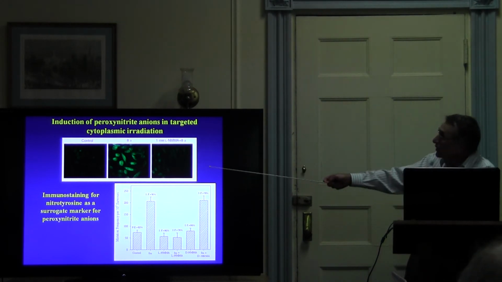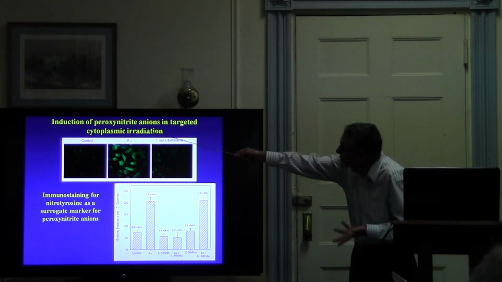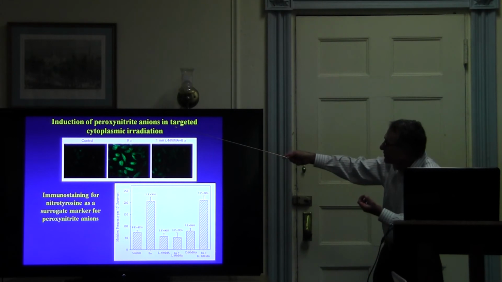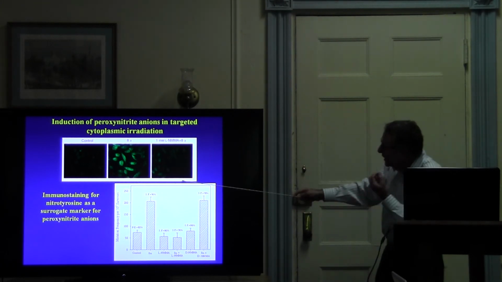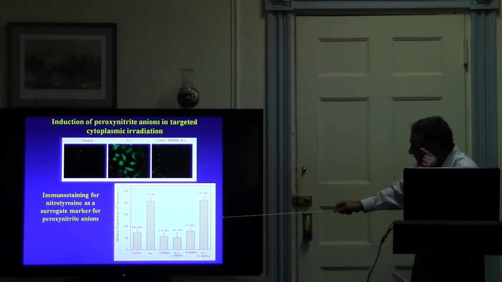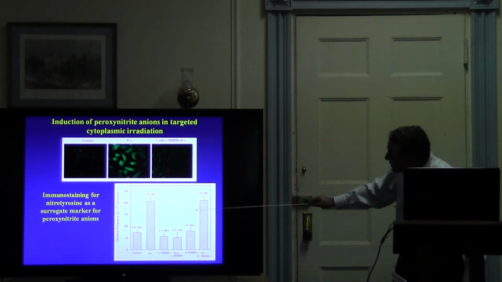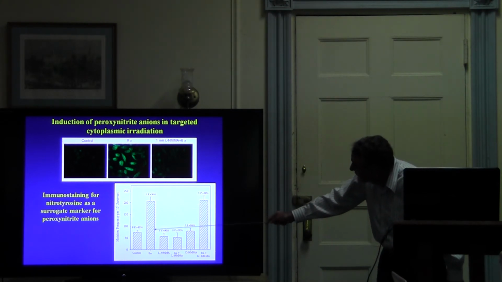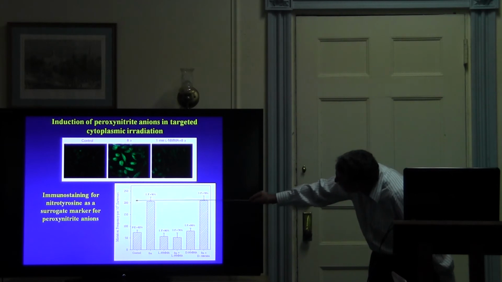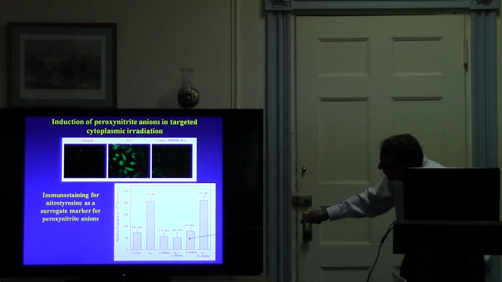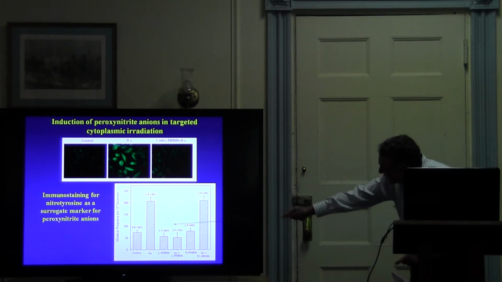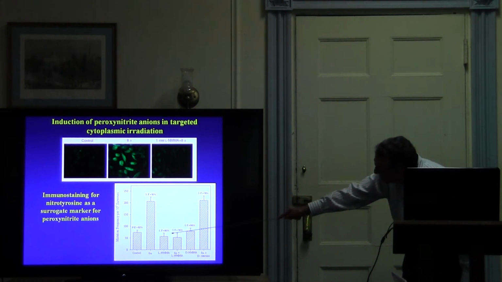And it's not only reactive oxygen species. Here is another indication that peroxynitrite and nitric oxide are involved in this effect of cytoplasmic irradiation triggering nuclear DNA mutation. Hitting the cytoplasm with alphas, the mutant frequency is quite high. If they treat with a scavenger of nitric oxide, the effect is very much reduced.